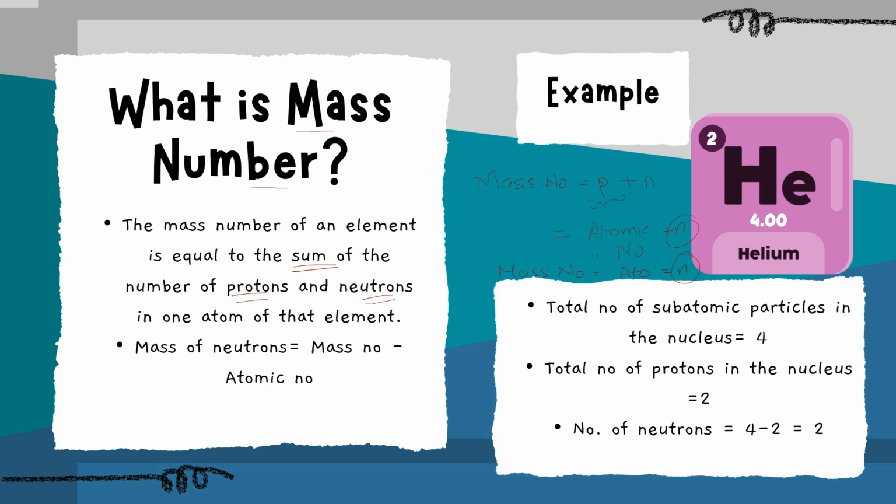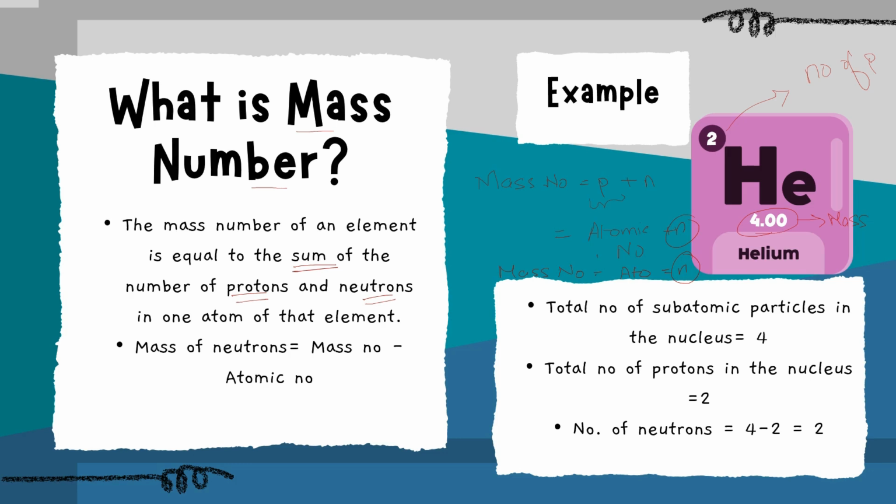Here is an example for you: helium, 2 and 4. The smaller one is our atomic number. It means that it is the number of protons. 4 is our mass number. So we can calculate the number of neutrons from it.